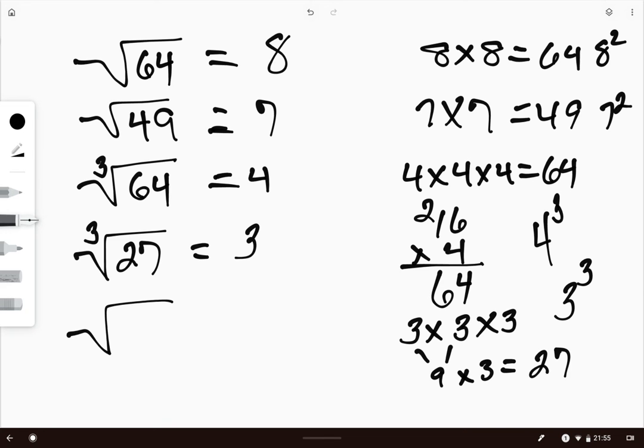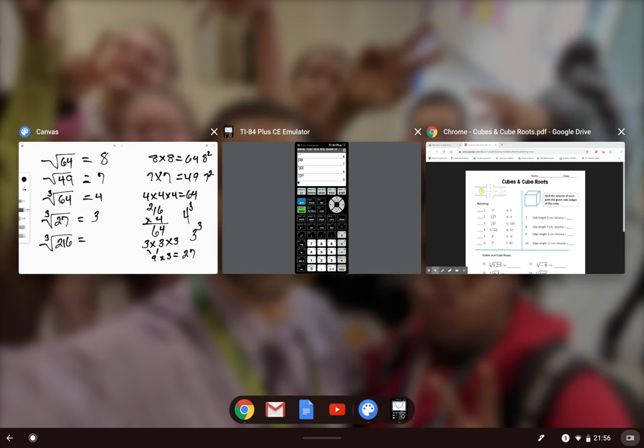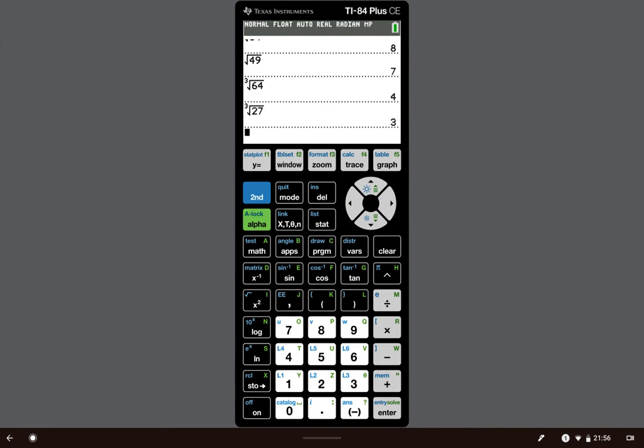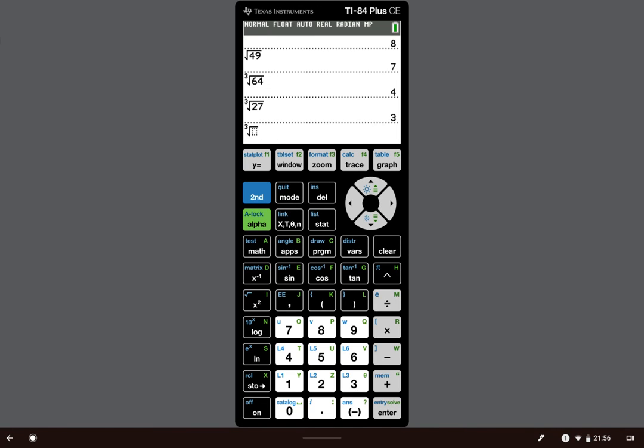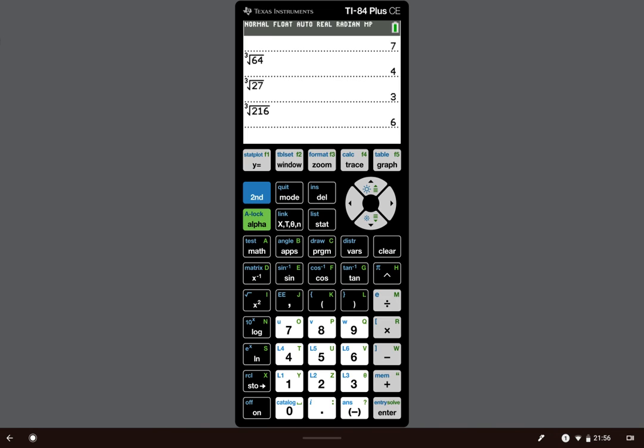If we did one more, for example, the cube root of 216, again, just go to your calculator, math key, arrow down to option 4 there, hit enter, type the numbers 216, and it gives you 6.